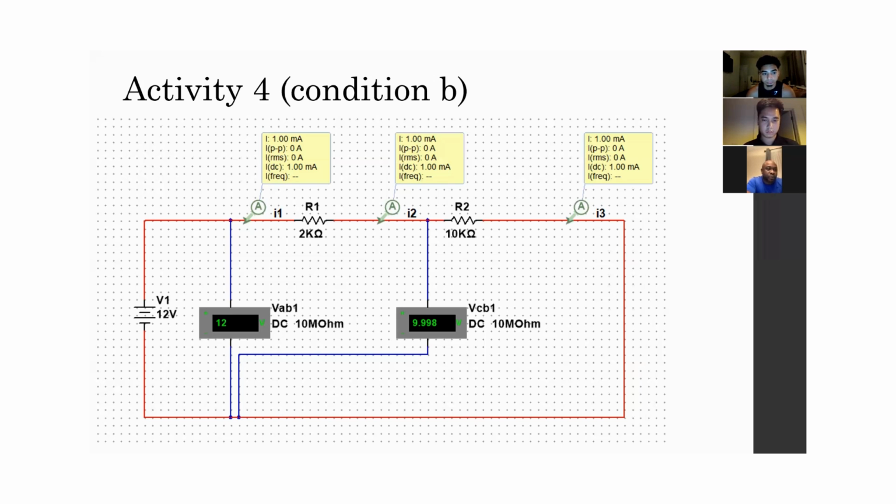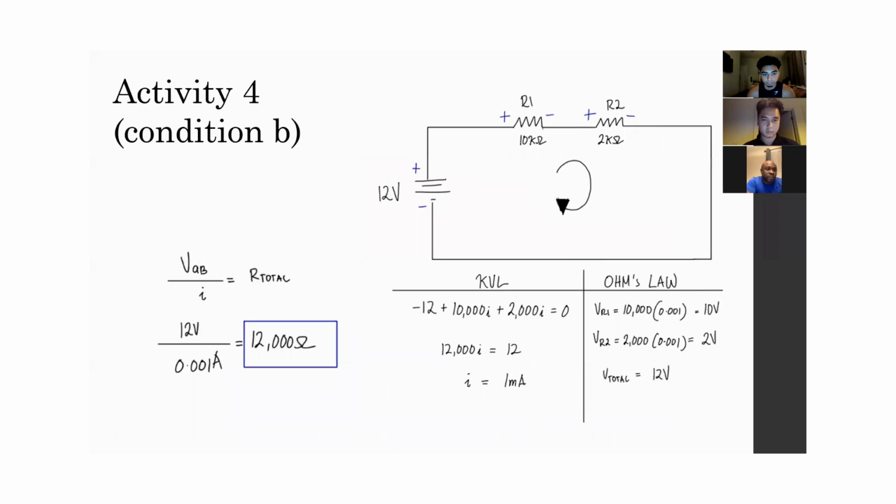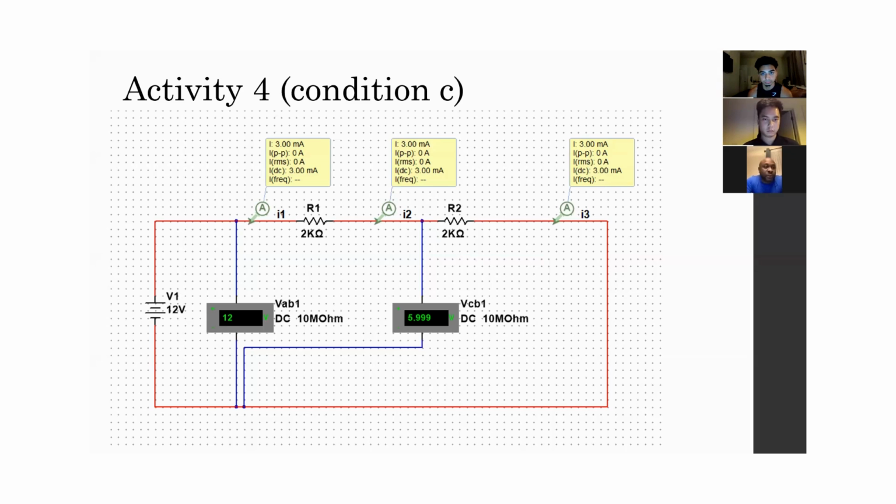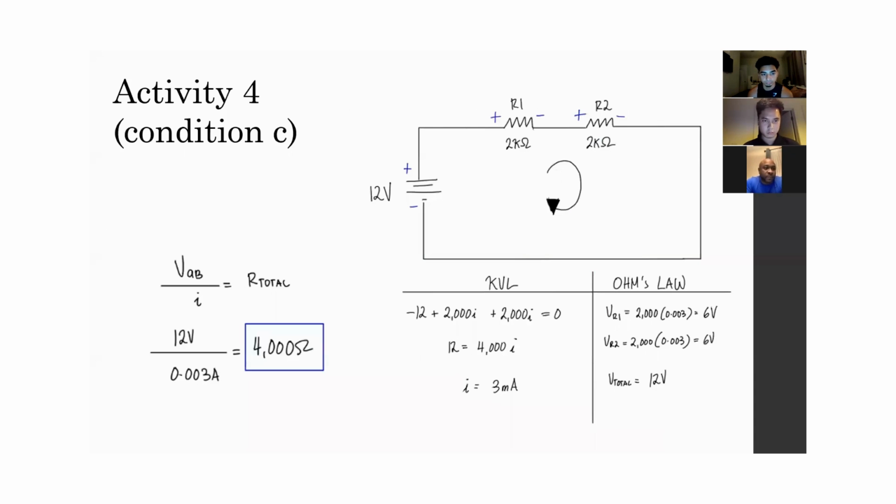We proceeded to do it across R2, where we get 10 volts. So there's 2 volts for R1 and 10 volts for R2, which adds up to 12 volts, equal to the battery that's being used. Besides using a probe, we did an algebraic calculation to correspond with the initial value given from the probe.